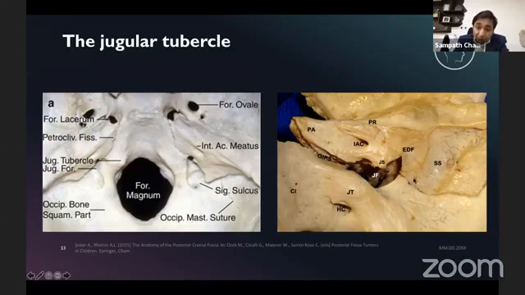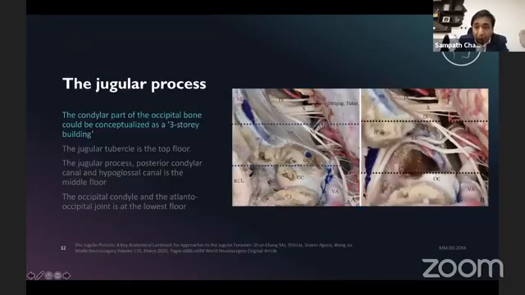Around the jugular foramen and all these areas, the jugular process, you drill and then you come to the jugular tubercle. So when you go back to this picture, you'll realize that you'll have to drill the jugular process completely to reach the jugular tubercle, which is here now. I didn't show that to you earlier, but now you see the upper compartment, the first story of the three stories of the area of the occipital condyle.